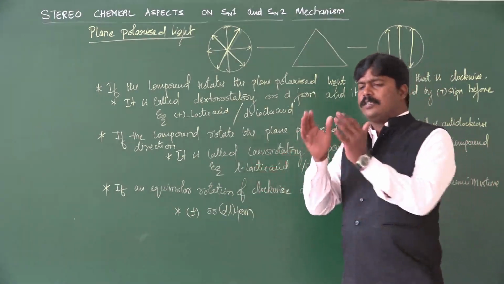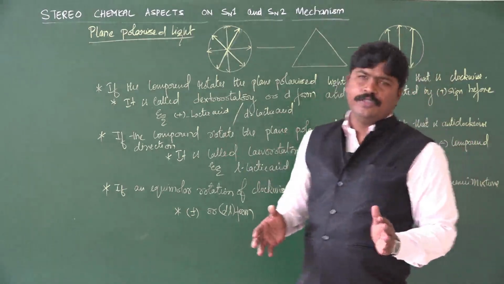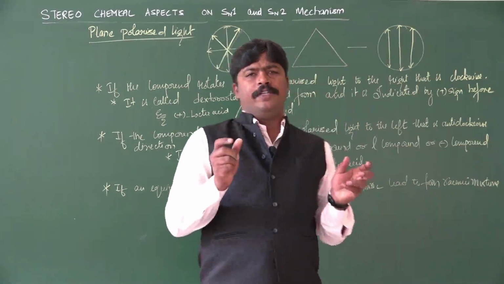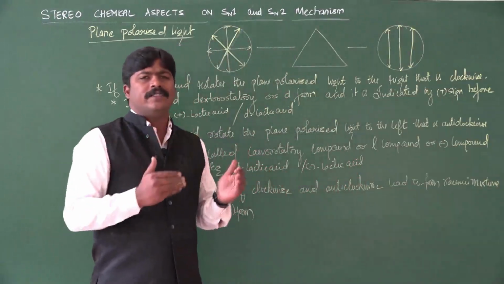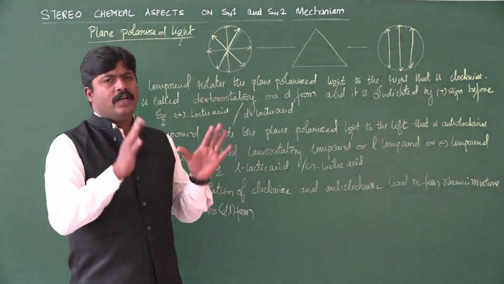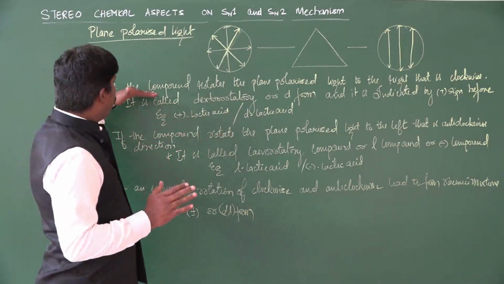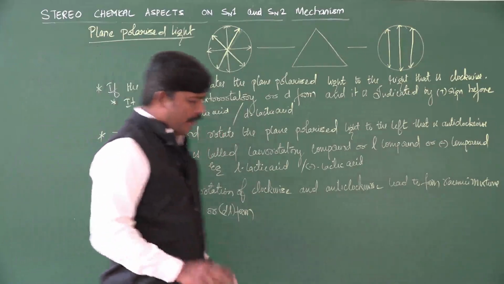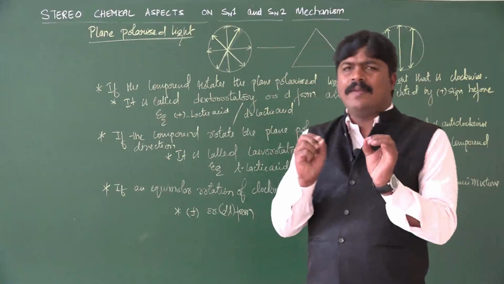If I take a solution and pass the PPL, the light which comes out, we need to check with a polarimeter, just to check how far it deviates. We call this the instrument used to check the deviation. If the compound rotates the plane polarized light to the right, that is clockwise, what is the name given for them?